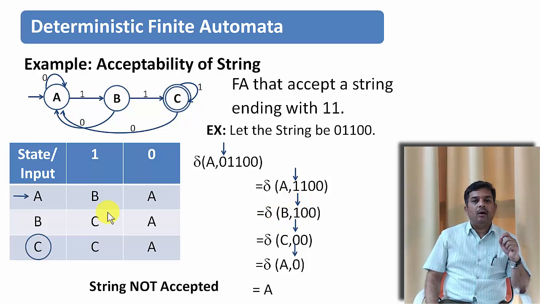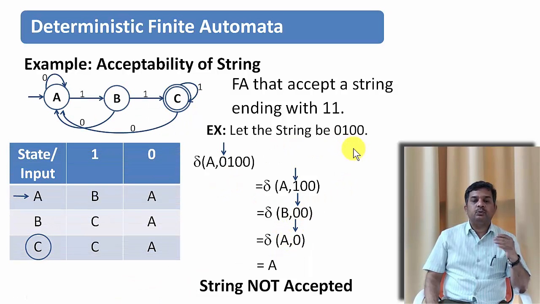So B on 1 goes to C. The current state is C and the remaining string is 00. The first symbol is 0, so C on 0 goes to A. The current state is A and the remaining string is 0. A on 0 goes to A. A is not a final state, so the string is not accepted.